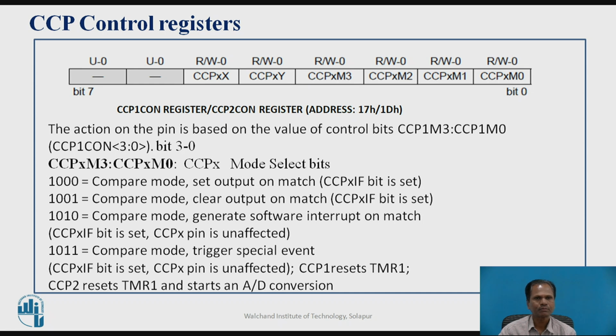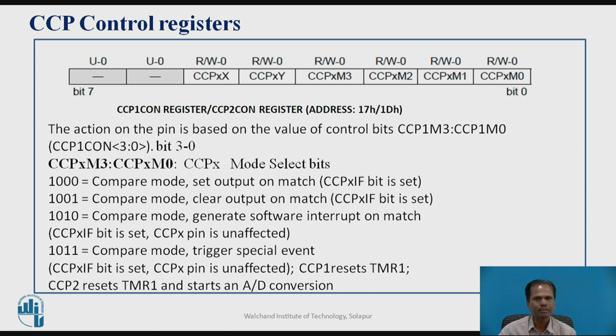Now this figure shows the bit format for the control registers of the CCP modules, CCP1CON and CCP2CON. The bit format is common for both the CCP1 module and the CCP2 module. Using this bit format, we can generate a control word or command word that should be written in the CCP1CON register to program a CCP module in different modes of compare operation.